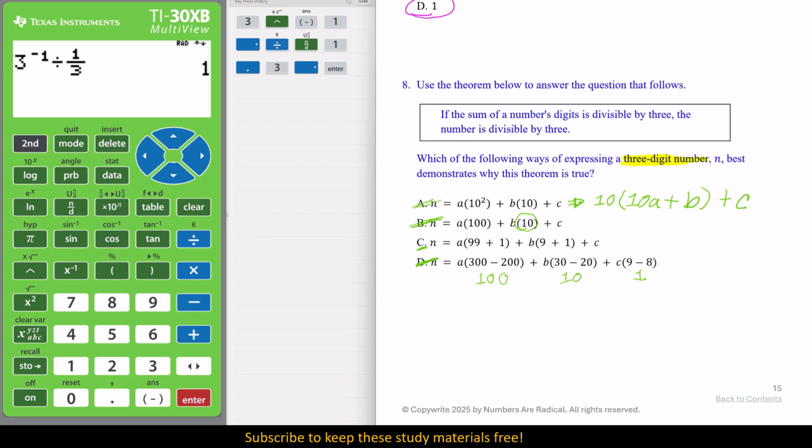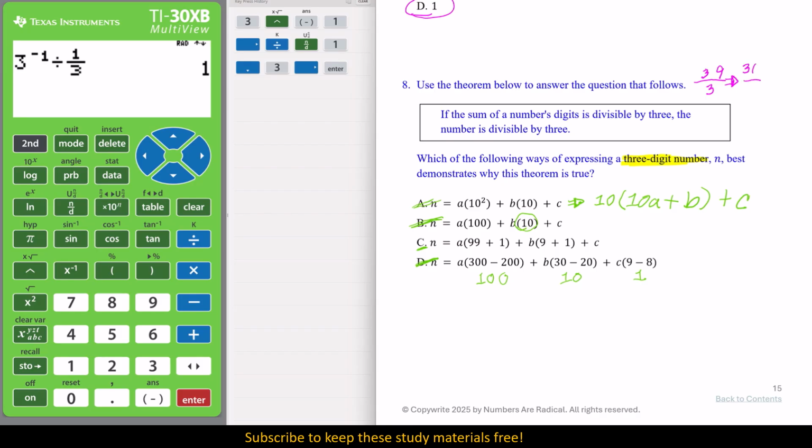Let's say that I had 39. 3 is divisible by 3, and 9 is divisible by 3. I kind of put them apart so you could think of them as digits.